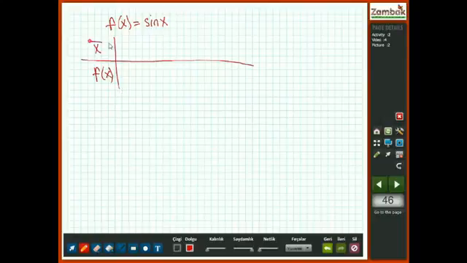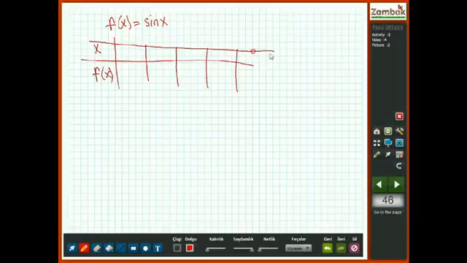We are going to find for the value of x, f of x.